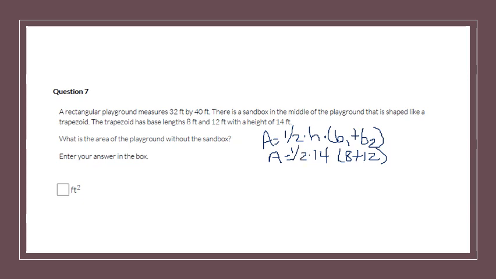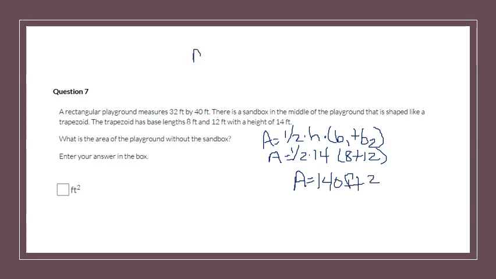So I'm going to multiply these all the way through. 1/2 times 14 times 8 plus 12 is 20. So I know that the area of the sandbox is 140 feet squared.